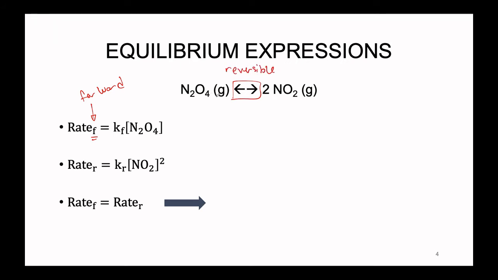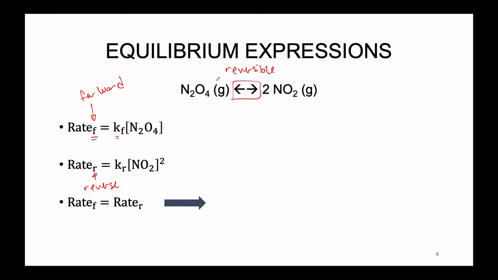So as the N2O4 decomposes into the NO2, there's going to be some forward reaction rate, and that rate is going to be equal to the rate constant Kf times the concentration of N2O4. This has been found to be a first-order reaction, so there's a little exponent of 1 up here. The rate of the reverse, though, is also going to matter, where this little r is going to stand for reverse.